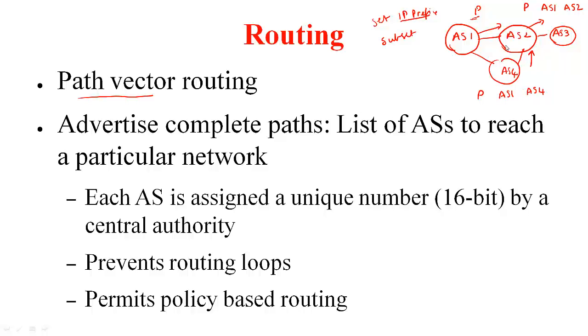Now suppose AS2 decided that it wants to reach prefix P via this path, and when it were to advertise this, the vector that it is going to generate is: P I am going to reach via this. And this vector, it is going to advertise to its neighbors.